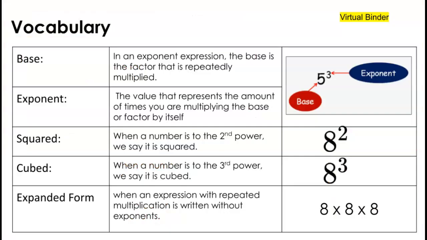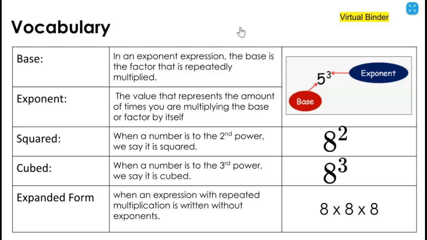We have some vocabulary that we want to go over to make sure we understand what we're going to be doing. Again, we see the vocabulary word base and the vocabulary word exponent. We have another example over here with a base of 5 and an exponent of 3. And we would say that this is 5 to the third power. So the base is the factor that is repeatedly multiplied.